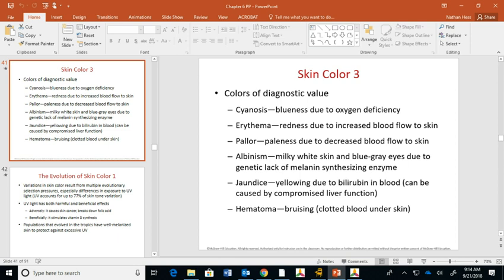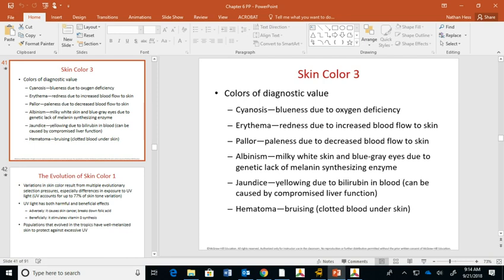Maybe you've seen somebody who's been choking who has turned blue, or you're very cold and you get this kind of blue pallor to your skin. That's because of oxygen deficiency. You're choking or you're super cold, and we pull that blood all in, so the capillaries aren't open. Erythema is when you get red, when you become embarrassed, right? That's a classic increase in blood flow to the skin, which makes your skin redder.